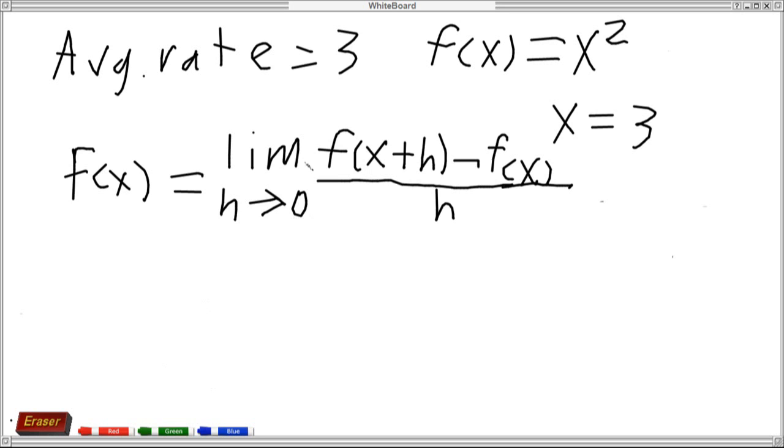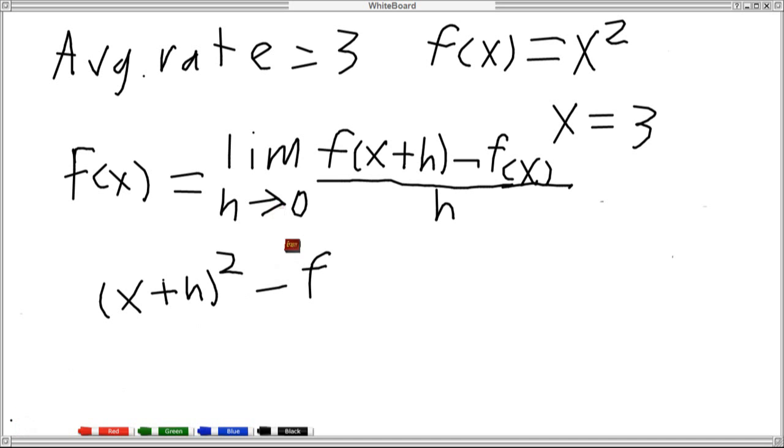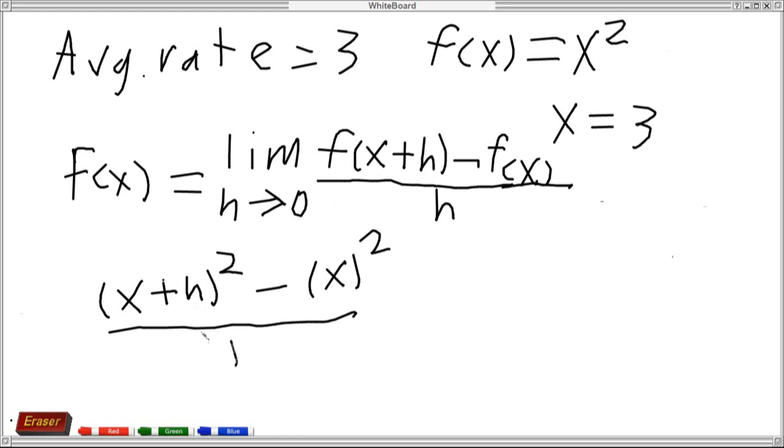So now that we got our formula here, let's plug in the values. Our x is 3 and our function is x squared. So what we do is this: x plus h squared minus x squared, divided by h.